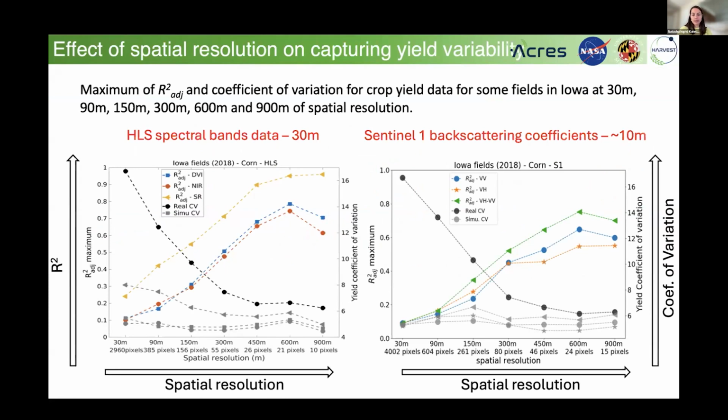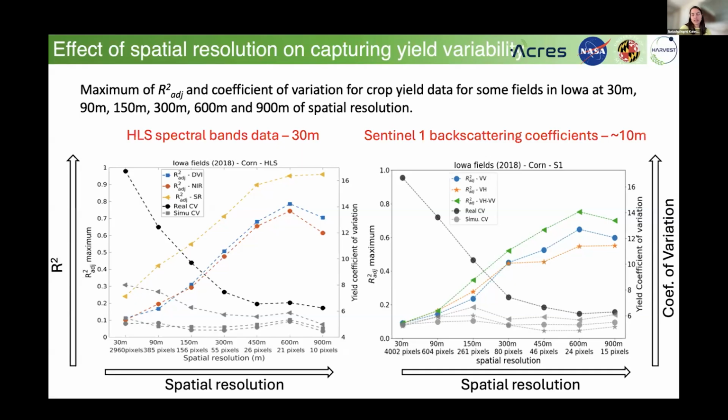On the axis, you have the spatial resolution that I aggregate inside my field from 30 meters to 900 meters, and on the vertical axis, you can see the coefficient of determination that shows your correlation, how good your model is. That was for different parameters, different models and different types of data. I looked at spectral bands and at SAR data, Sentinel-1, building a yield model using different kinds of parameters.